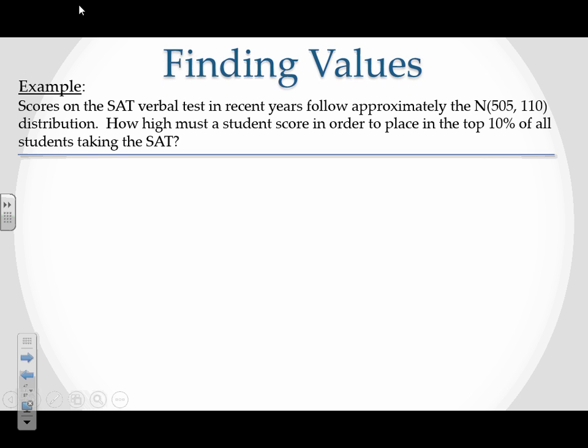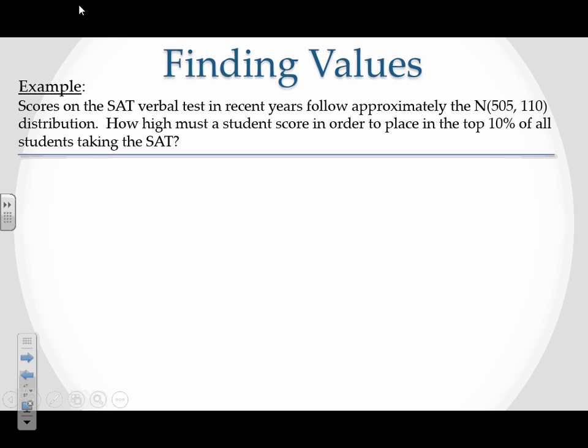So if I'm looking at top 10%, my value is going to have how much of the distribution above it? 10%, right? Now that's to the right. And in our table, what does our table only work with? To the left. It doesn't give us anything to the right in the table. It only gives us pieces that are to the left. So if I have 10% of my information to the right, that leaves how much to be left of my cutoff value? 90%, right?